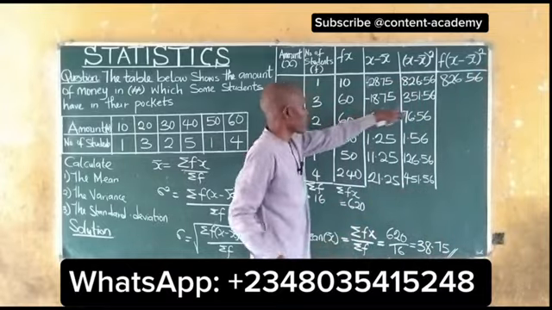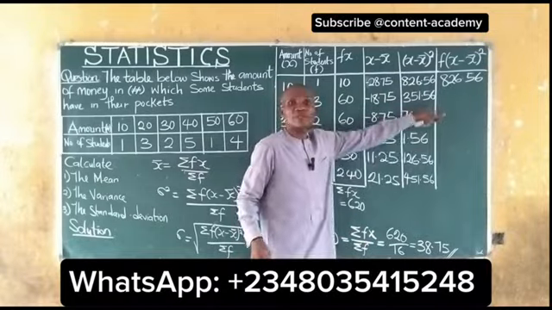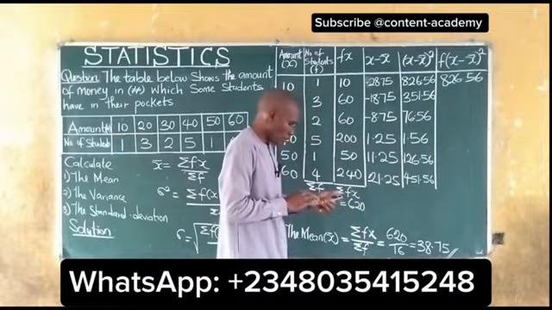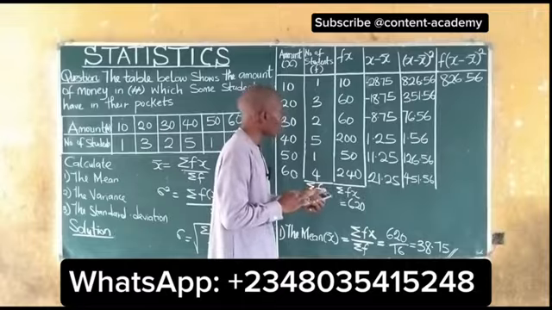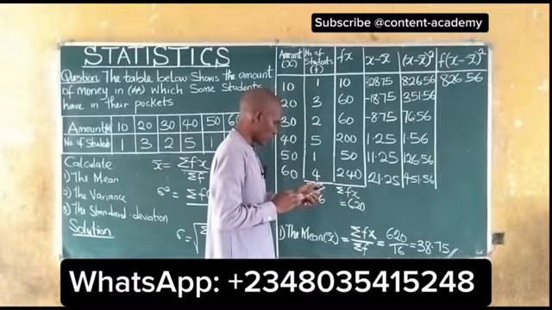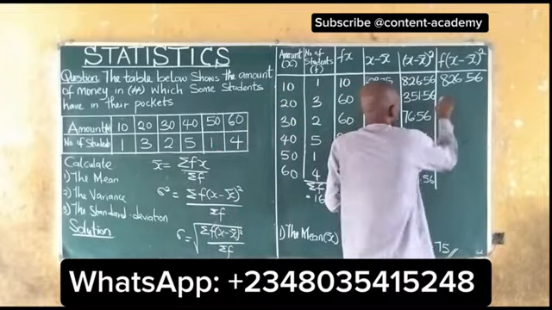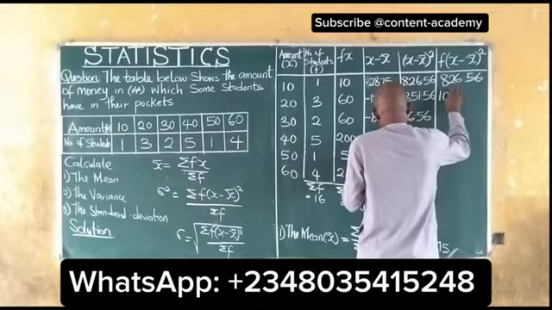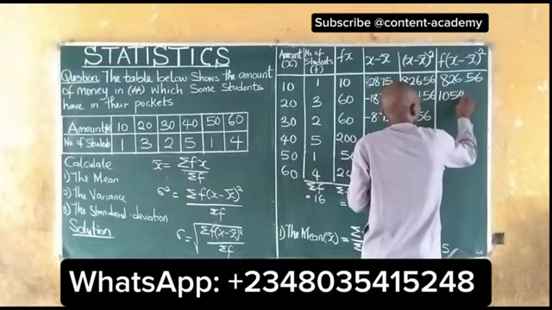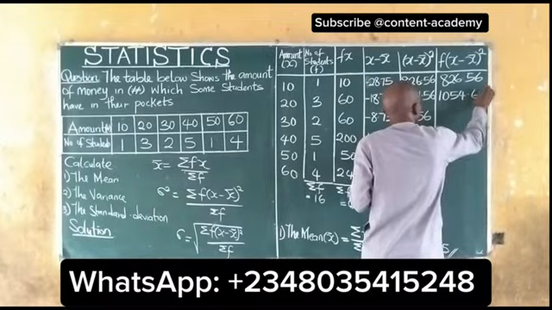Also 3 multiplied by 351.56, we have 1054.68.